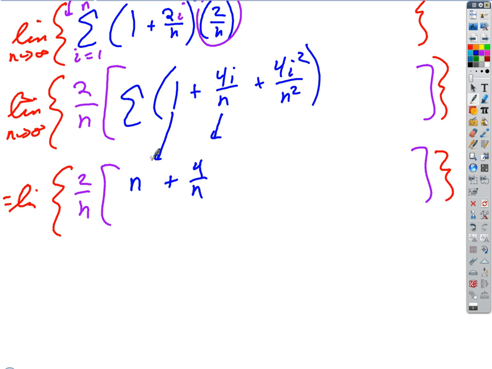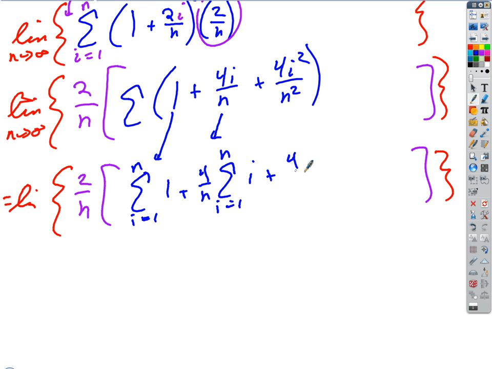I'm going to add one more row here. So then we get the sum of 1 as i goes from 1 to n, plus 4 over n times the sum of i from 1 to n, right?